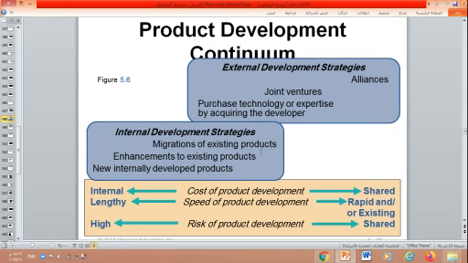Migration of existing products means we can migrate the product from one model to another. أما بالنسبة to the last strategy of internal development, a new internally developed product, بمعنى إن البرودكتس اللي موجودة في decline phase ممكن أنا آخذها وأعملها some developments، فبالتالي تطلع عندي new developed products. وبالتالي خلال هذه الاستراتيجيات أنا بقدر أنافس وتكون عندي ميزة تنافسية مع المنظمات الأخرى, خاصة إذا كنا نتحدث عن الجلوبال ماركت.